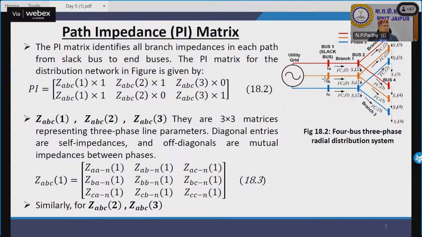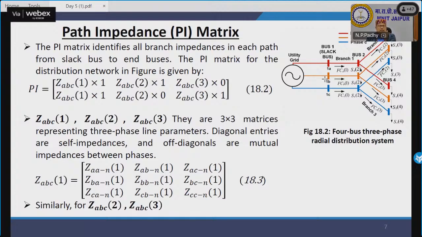Bus number 1 is considered to be a slack bus, where we put a huge generator. Now the PI matrix identifies all branch impedances in each path from the slack bus to the end bus. The PI matrix for the distribution network in the figure is given by ZABC, all right? That is ZABC1, ZABC2, ZABC3, that is anyway there.